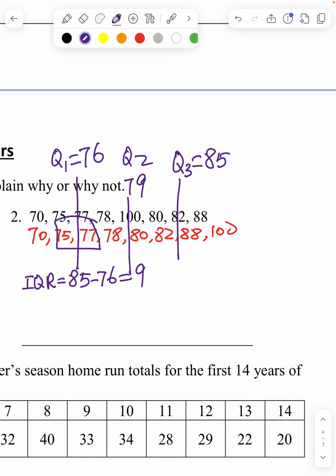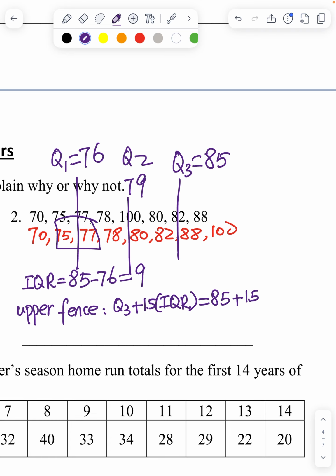And then the upper fence is Q3 plus 1.5 times IQR. So this is 85 plus 1.5 times 9. 1.5 times 9 is 13.5.